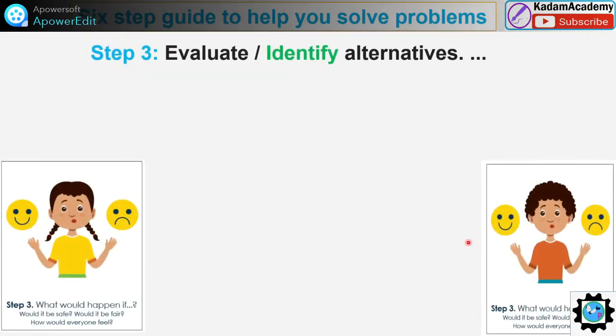So friends, we'll go to the next, third step. This is also very important. Here we have to evaluate and identify the alternatives to solve the problem. How can we identify alternatives? What would happen if? Would it be safe or would it be fair? How would everyone feel?